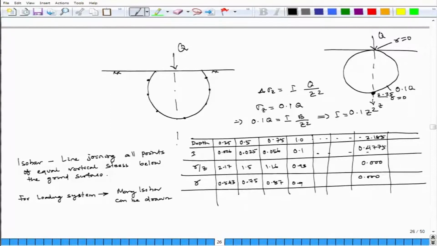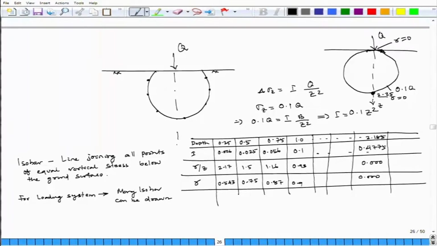Now, we can find it out. For the infinity values, as I said, you can assume sigma Z is equal to 0.1 Q. So, R is equal to 0, R by Z is equal to 0, here at the surface it should be 0.4775, it is not supposed to be 0, it will start from here, so this part will be 0.4775, then all other values will be 0.